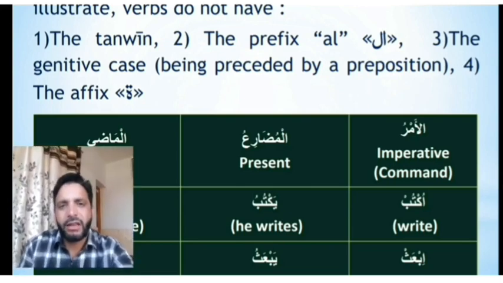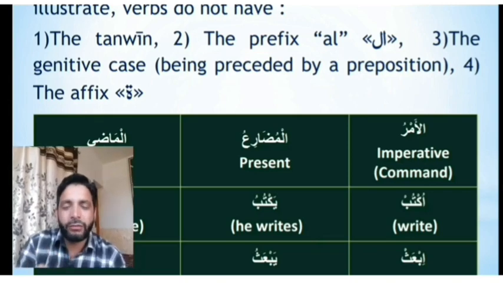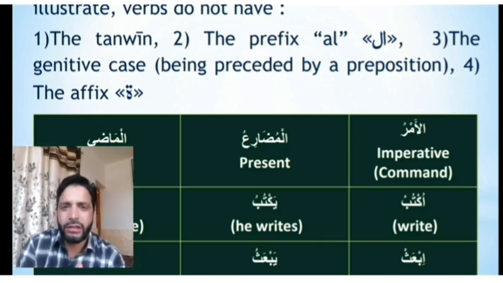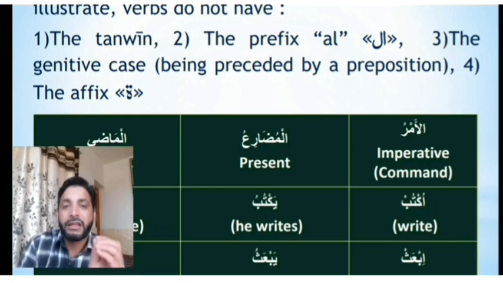Basically, these alamat are specific to nouns. When you find these alamat anywhere among the words, you have to memorize that these alamat are never ever found on verbs.